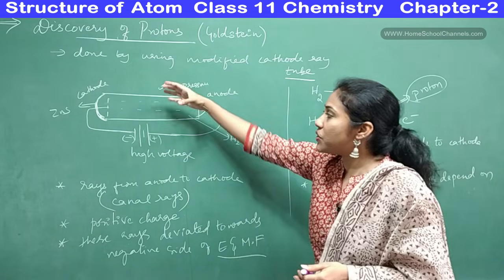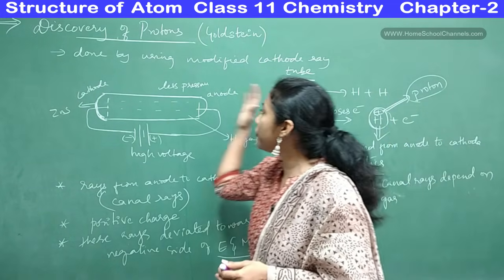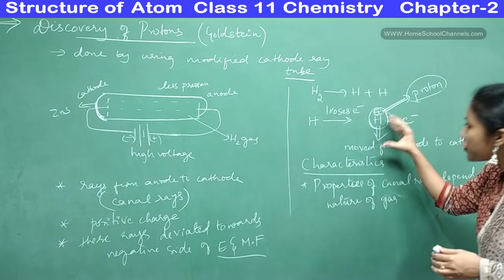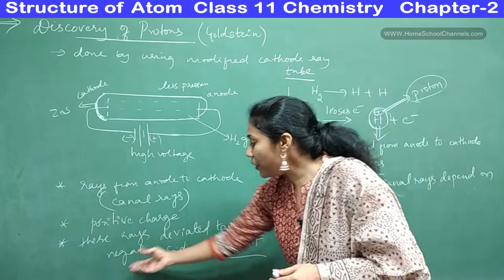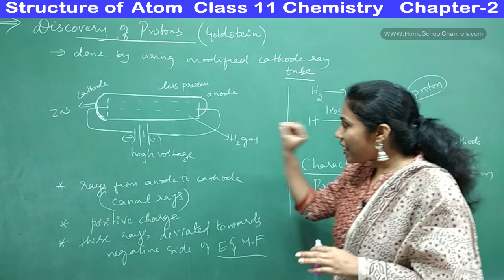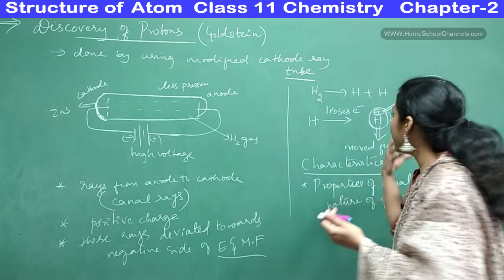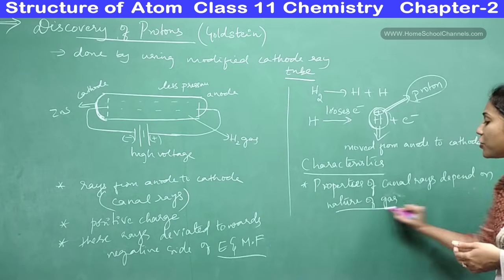You took hydrogen gas, so H plus ions are formed and they started moving from the positive side to the negative side. Since they are positively charged, they deviated towards the negative side of the electric and magnetic field. Whichever gas you take, that particular positive ion is formed. So definitely the Canal Rays properties depend on the nature of gas.